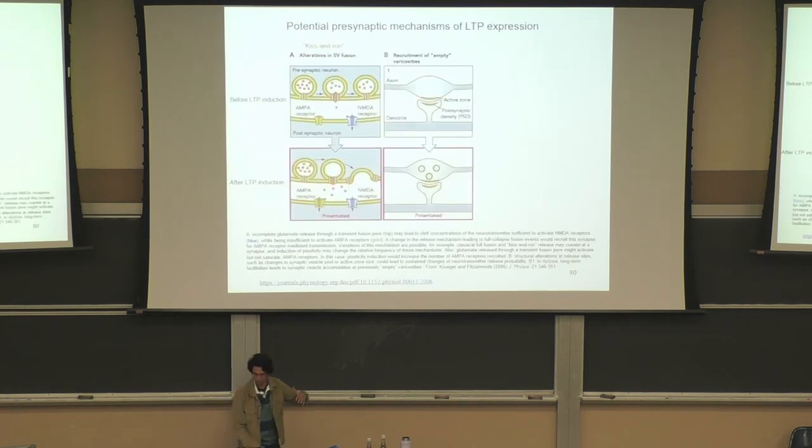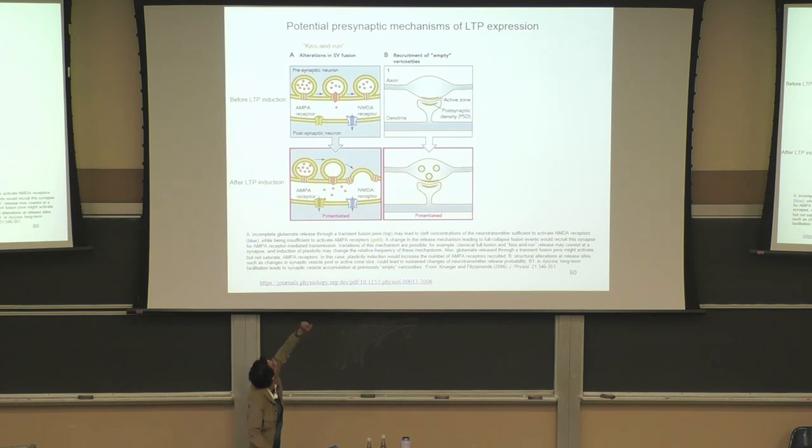And another potential way you could get potentiation, shown here, is that perhaps the silent synapse doesn't have zero AMPA receptors, but has very few, and very little glutamate is being released into the synapse, which is shown here on panel A. So one potential model is that when the synapse is silent, the vesicle fuses incompletely in the presynaptic end, and just one glutamate molecule comes out.